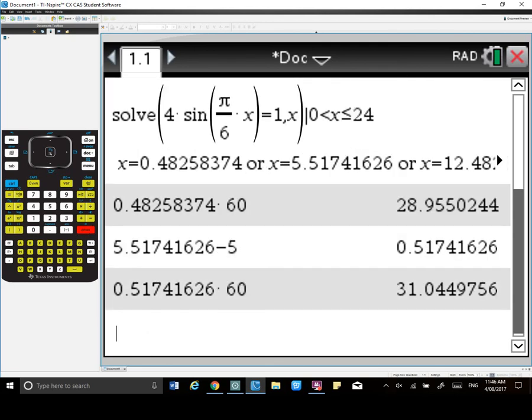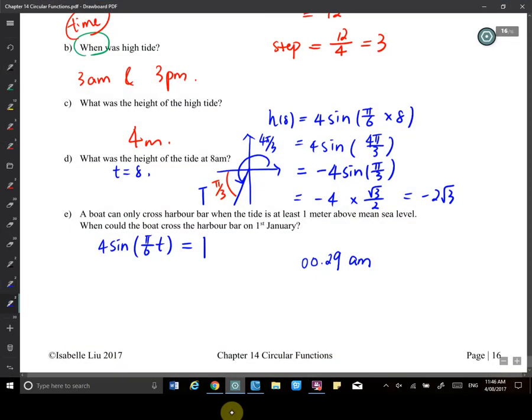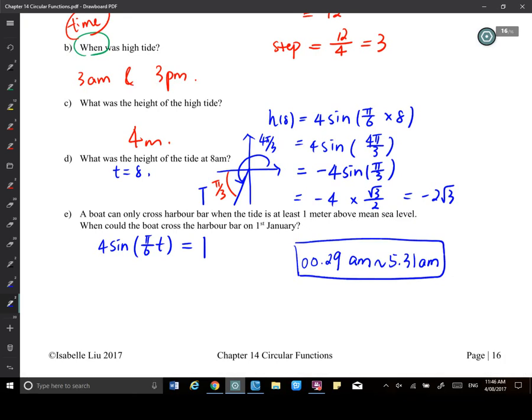It's 5 hours and 31 minutes, so I will have until 5:31 a.m. During that period of time, the boat can go across the harbor.